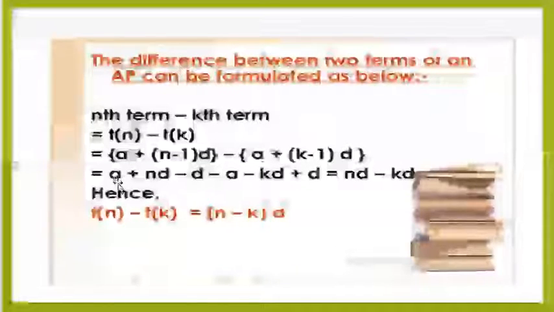Now it becomes a plus nd minus a minus kd plus d, equal to nd minus kd, because the positive and negative terms get cancelled. Hence Tn minus Tk is equal to n minus k into d. Now we can find the kth term in this way.